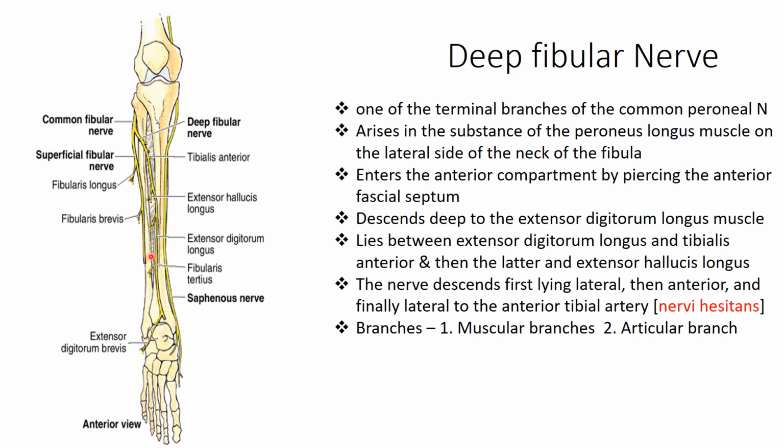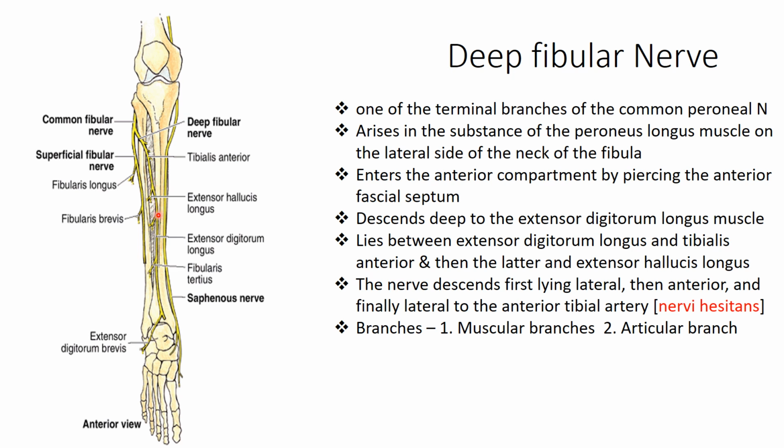As it descends further, it first lies lateral, then anterior, and finally lateral to the anterior tibial artery. So it seems that this nerve tries to cross the anterior tibial artery but hesitates to cross it, and that's why it is known as nervi hesitans.